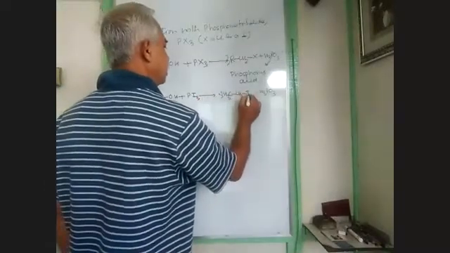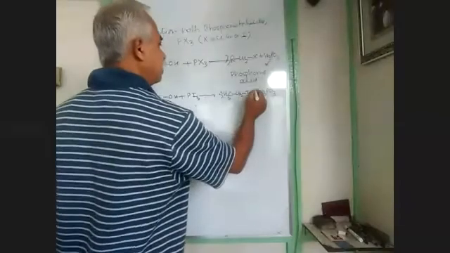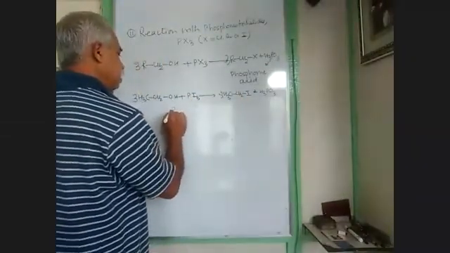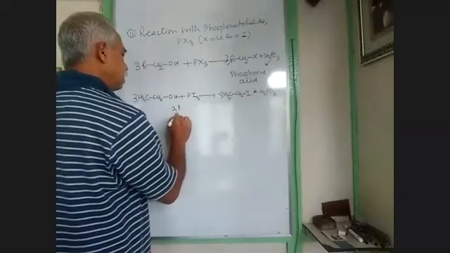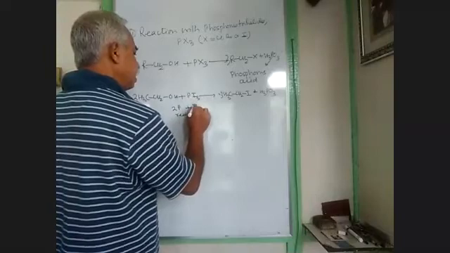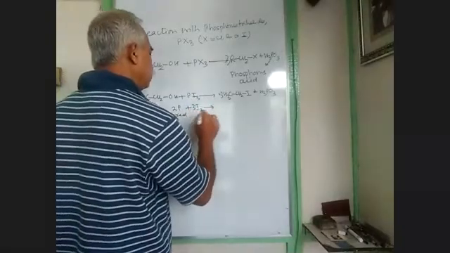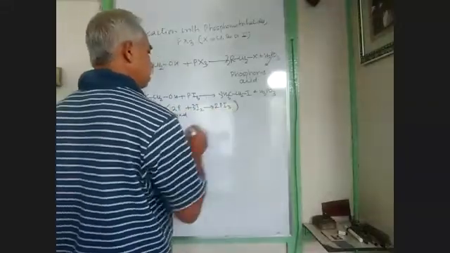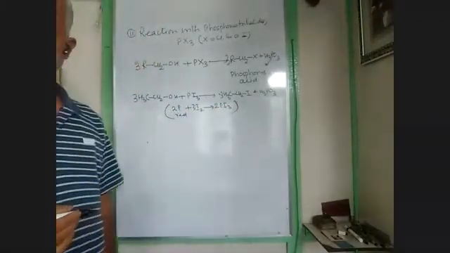So I will get ethyl iodide and phosphorus acid. Now, how can you generate it? See here, you write 2 red phosphorus and you write 3I2. So it will give you 2PI3. All right.